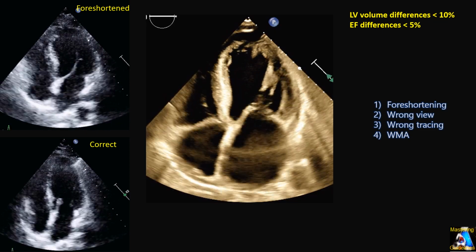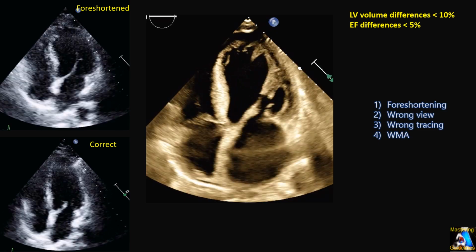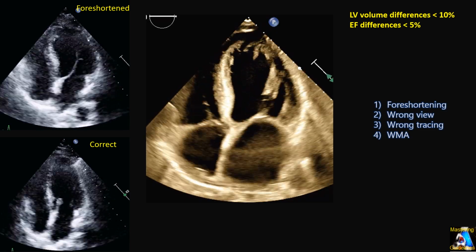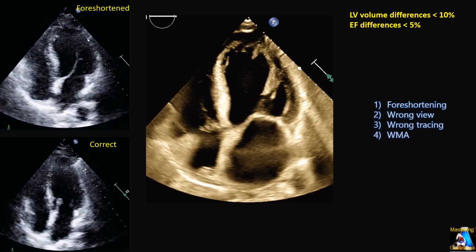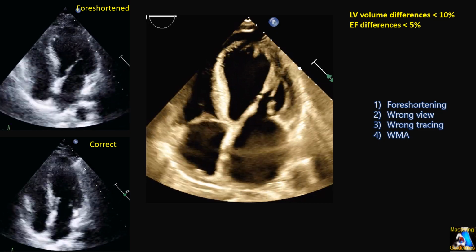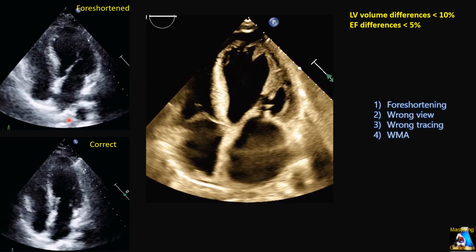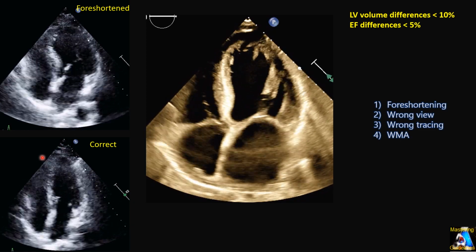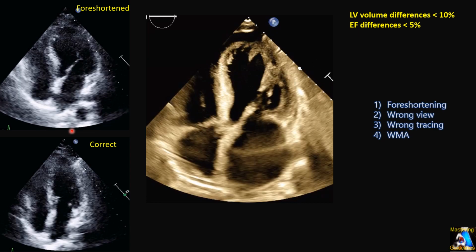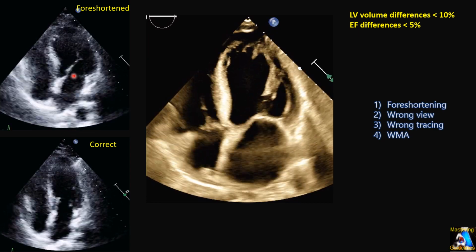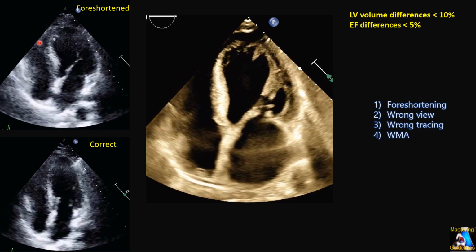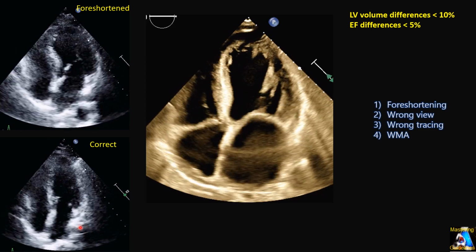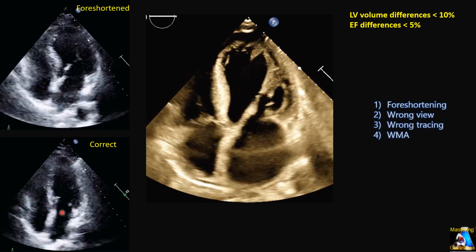There are many reasons. There are four main reasons for too much discrepancy between apical 4 and apical 2 measurements. At the top of them is foreshortening, as I explained in another lecture or two. Foreshortening can be recognized by a round shape instead of an oval or bullet shape of the left ventricle and the whole heart.